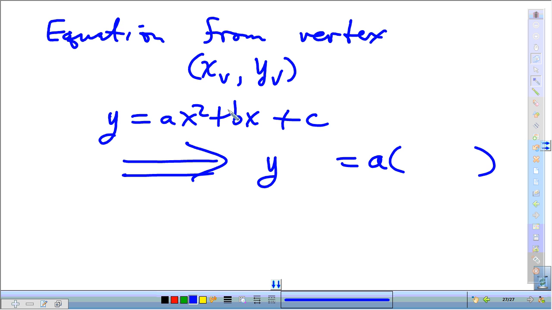If we take the vertex coordinates and subtract, so y minus the y coordinate is equal to a times x minus the x coordinate, squared. So it takes a much simpler form if we know the vertex.